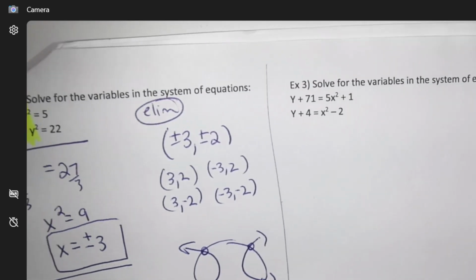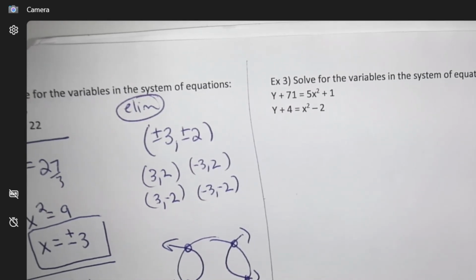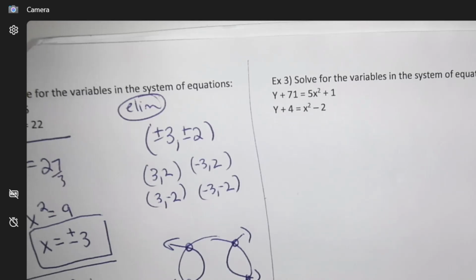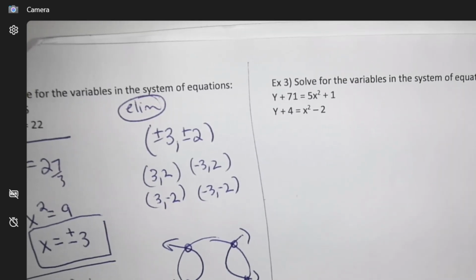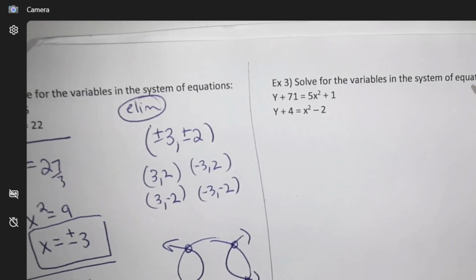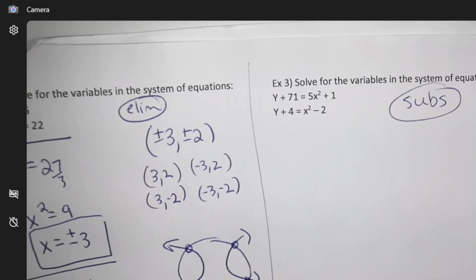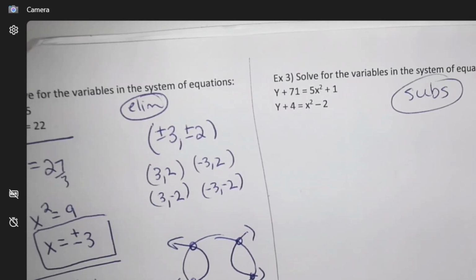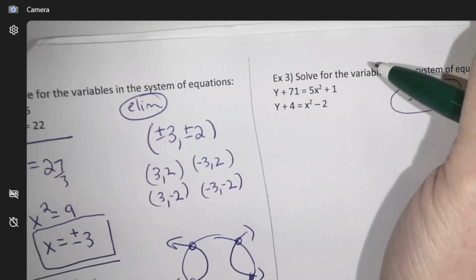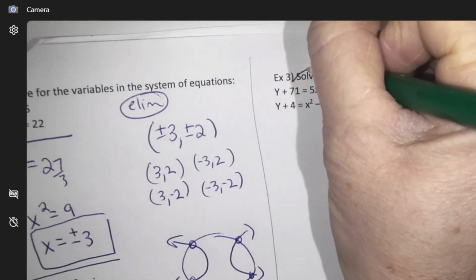Okay, number 3. Which method would be the easiest? Would anybody pick graphing as the easiest method? Probably not. So let's say it's between substitution and elimination. I'm going to pick substitution. Okay, I don't know why the equation's like this, so I'm going to revamp it here.